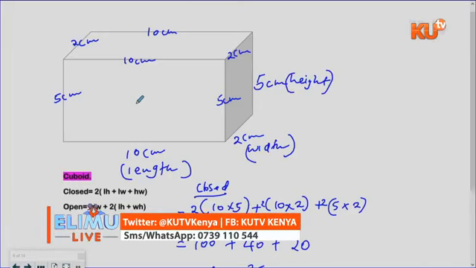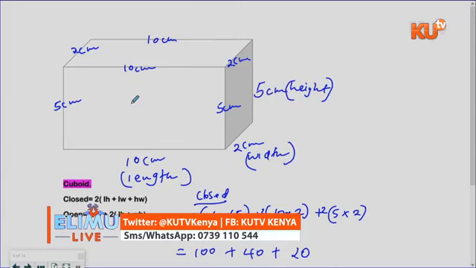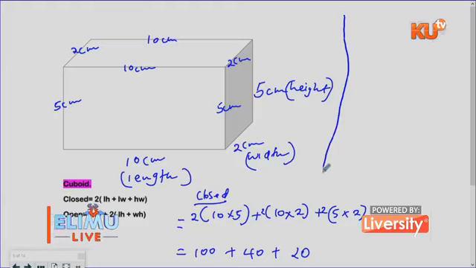So you need to identify which side is open, and then identify the measurement of the side that is open, and then you work it out. So we can work out this here. Let me just draw a line over here to separate this.